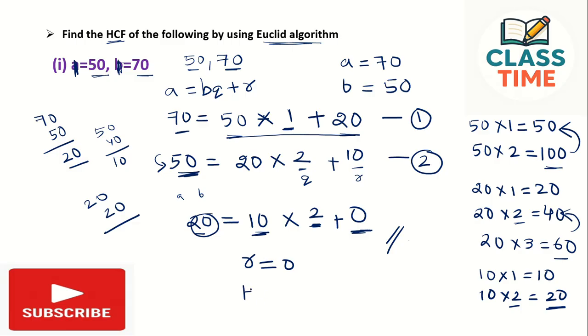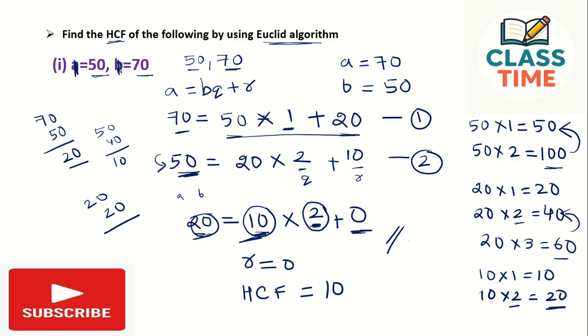That is, HCF will be the greater number, that is 10. The number 10 is multiplied with 2 to get 20. So, HCF will be 10, the greater number.